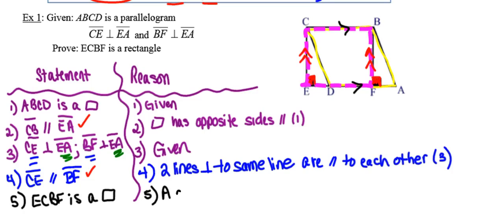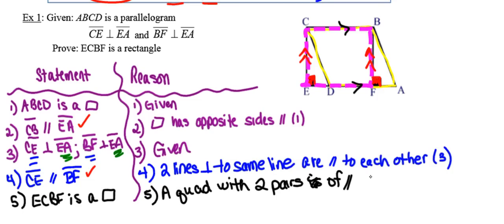And that's because any quadrilateral with two pairs of parallel sides is, by definition, a parallelogram. I'm going to cite statements 2 and 4 because those were the statements in my proof where I talked about those two pairs of parallel sides.